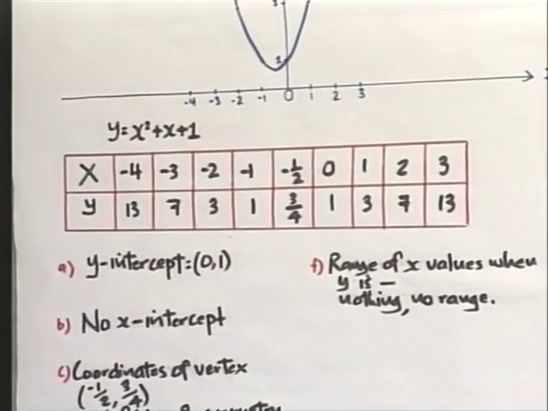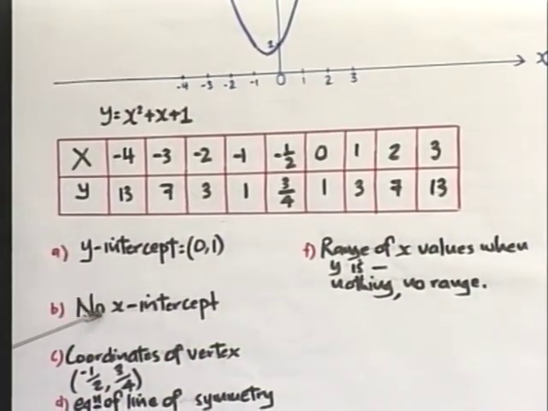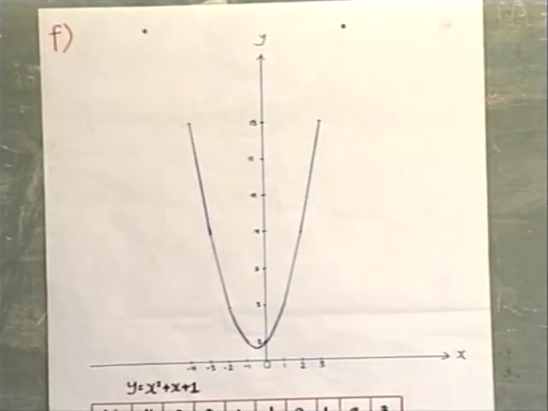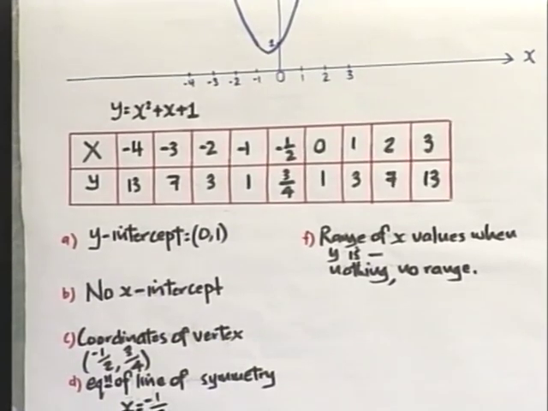For the x-intercept, because the parabola did not pass over the x-axis, we cannot take an x-intercept in this graph.